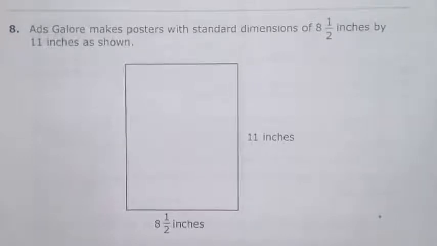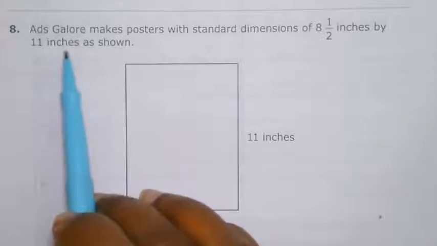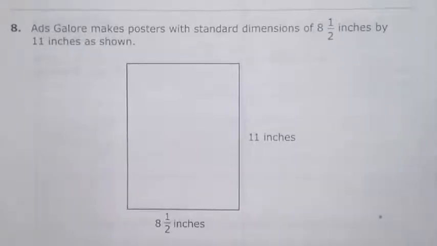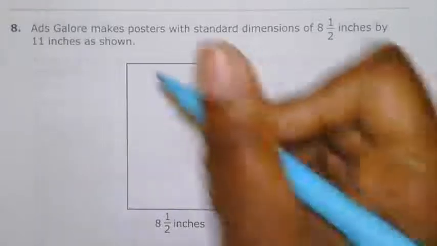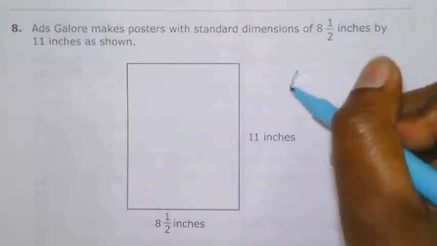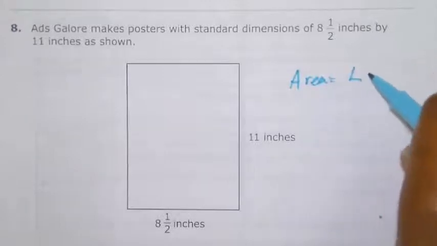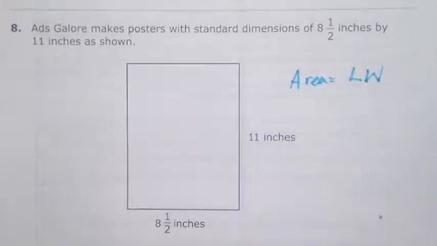Alright, so for the next question, it says Ads Galore makes posters with standard dimensions of 8.5 inches by 11 inches as shown. So we're asked to find the area, and this is a rectangle, so area equals length times width.